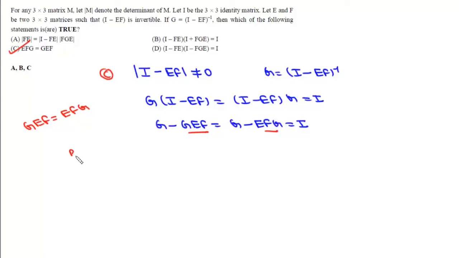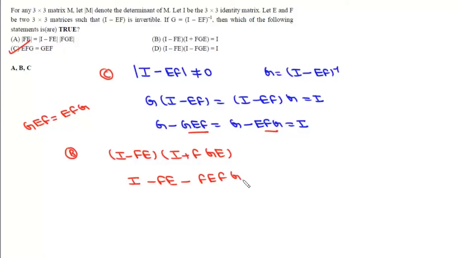Now we look at this option B, which is I minus FE into I plus FGE. Now this is I minus FE minus FEFGE and plus FGE.